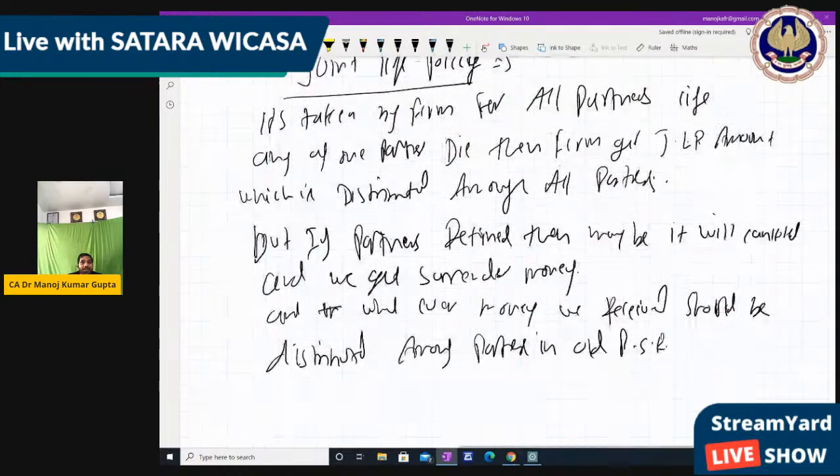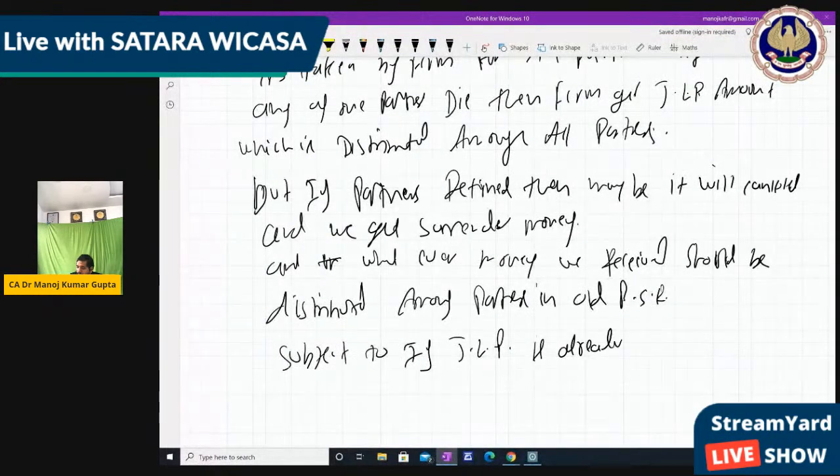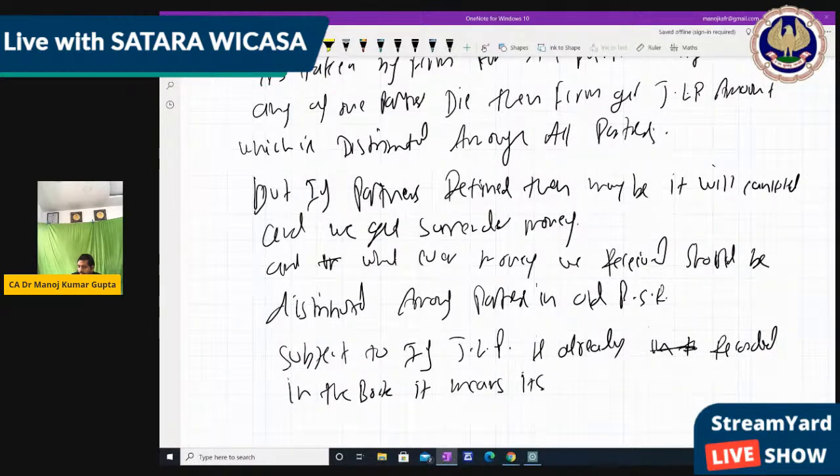Now, if we distribute in the old PSR, fine. But what happens? Sometimes that joint life policy is already recorded in the books. It means we had already recorded it, we had already distributed it at the surrender value. Then what do we do? Subject to, if the joint life policy is already recorded in the books, it means it's already distributed.